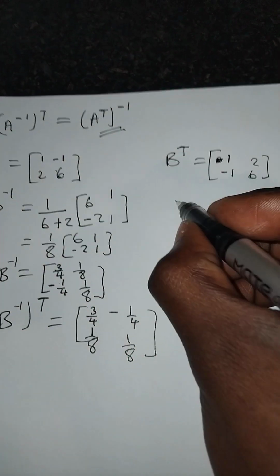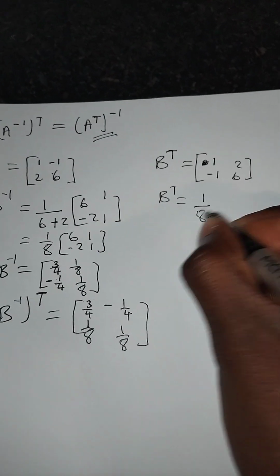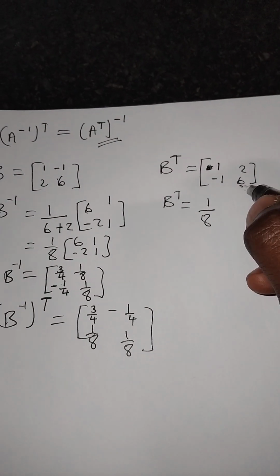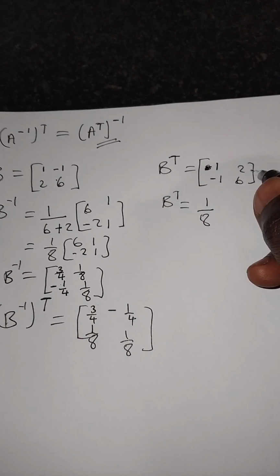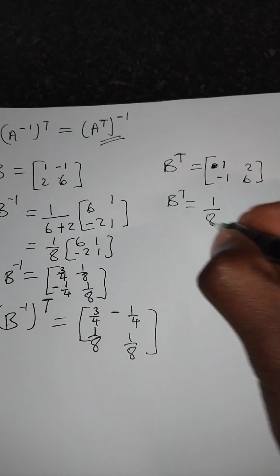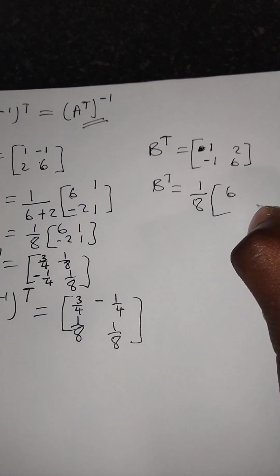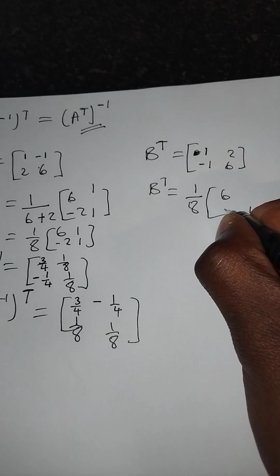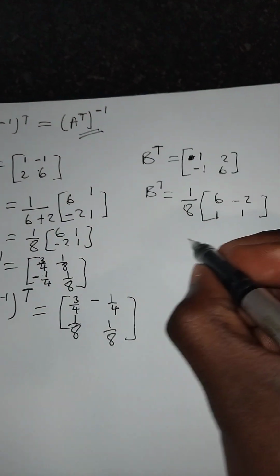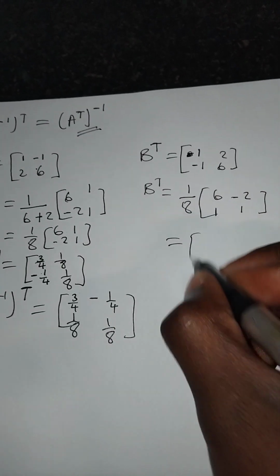We want the inverse. So the inverse is basically going to be 1 all over 8. You realize the determinant is not going to change, because it's 1 by 6, that is 6, then 2 by -1, 6 minus -2, that is going to be 1 over 8, like that. So these two, they are going to change. We have 6, 1. These two are going to get negatives. So here we're going to have 1 and there -2. Basically distribute 1 over 8.